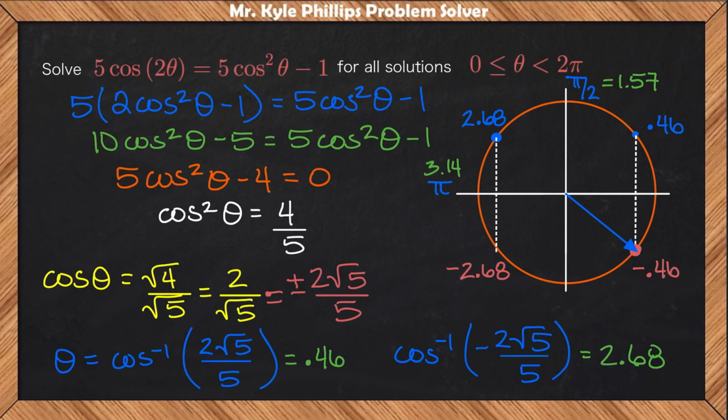We know that the radian value is right, but it doesn't fit in the domain. So something I could do is, if I went in a full circle, if I added 2 pi radians, then I would get a coterminal angle that is in the exact same position. So here I could add 2 pi to this value, and that would give me a radian that fits within the range. So if I said negative 0.46 and then I added 2 pi, that's going to give me 5.82.